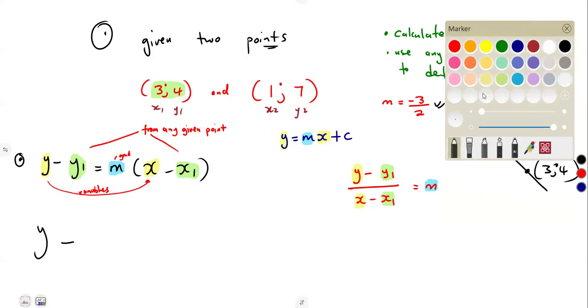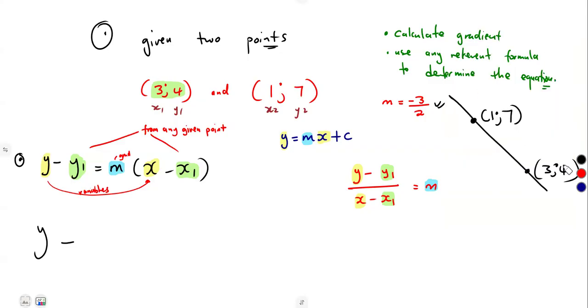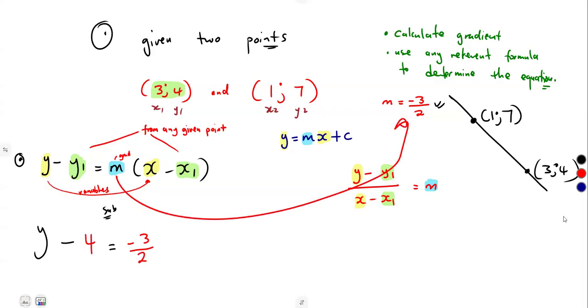What is the numerical value of y1? y1 is 4. So y minus 4 is equal to, you're substituting now, everything that you have. m, the gradient which we calculated, is minus 3 over 2.